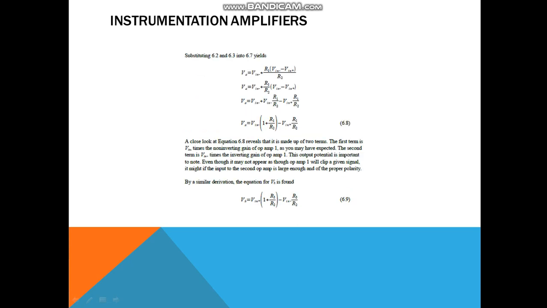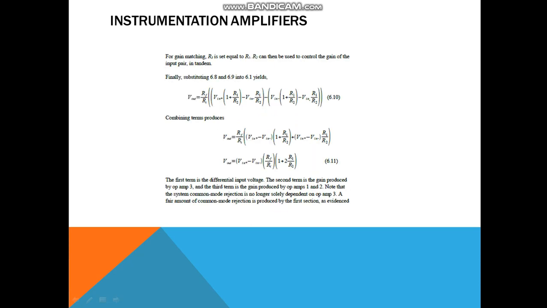Following these equations, we may derive an equation where we may prove that the same CMRR rejection is no longer available. These equations will show us that the first term is the differential input voltage, the second term is the gain produced by op-amp 3, and the third term is the gain produced by op-amp 1 and 2.